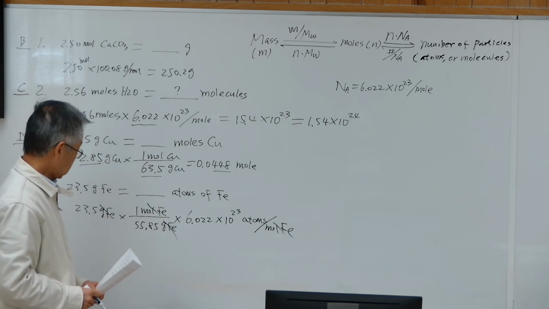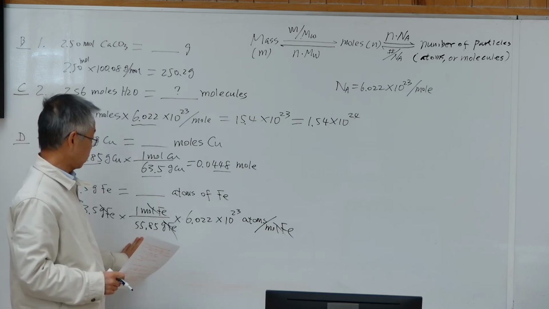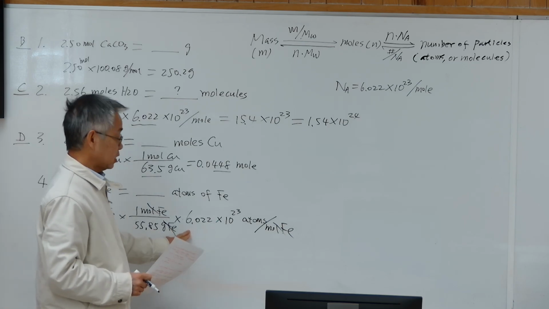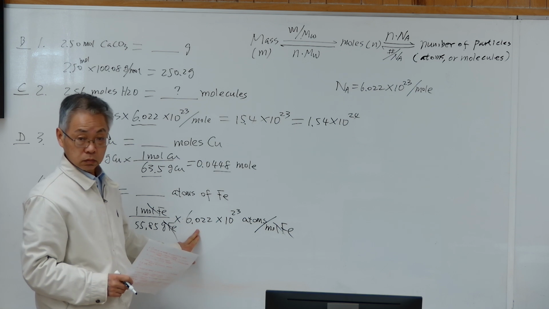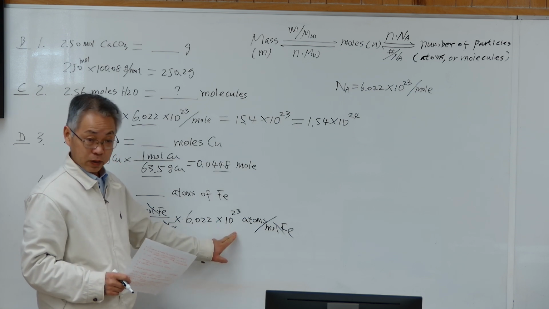So use your calculator: 23.5 divided by 55.85, multiply by 6.022. Again, don't put this exponent in the calculator, it makes things easier.